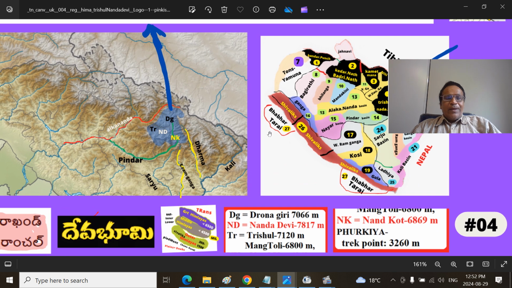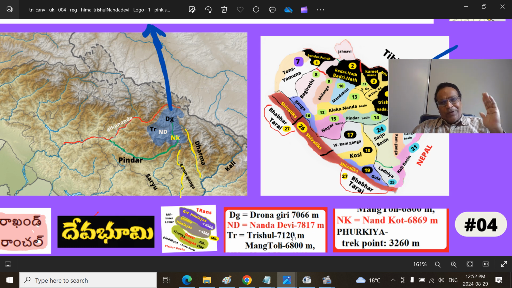Here I have put the abbreviations. This is the Dronagiri mountain range, Nanda Devi. Further southeast are the Nanda mountain ranges. I have not shown the Purkial, the trek point. This is the height 30 to 60 meters. And Dronagiri 7,000 meters, Nanda Devi. I will give you a clue how you can figure it out.